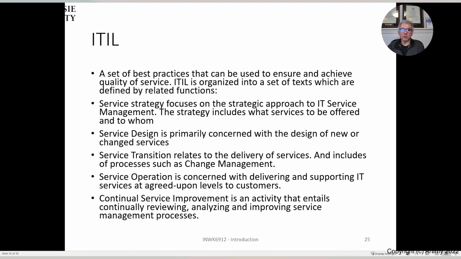And then we have the continual service improvement. If you look at the bottom two, the continual service improvement and the service operation, that corresponds to our network management and monitoring, right? So we need to monitor the network, and we need to manage the network, to meet one of the objectives that we mentioned earlier. We need to make sure that we are meeting the customer expectations, right? And then the continual service improvement, this is anything that we need to change to maintain that level or improve it, right?